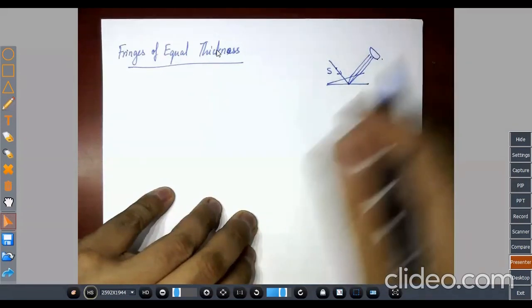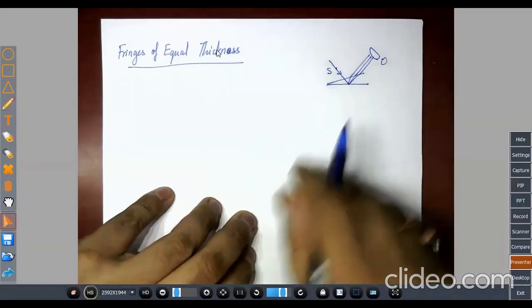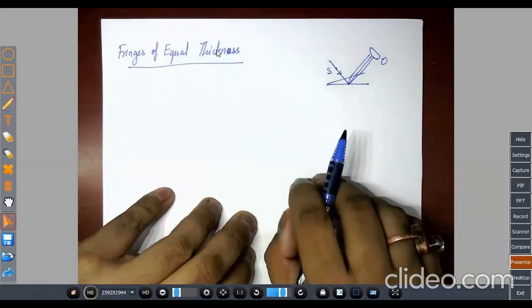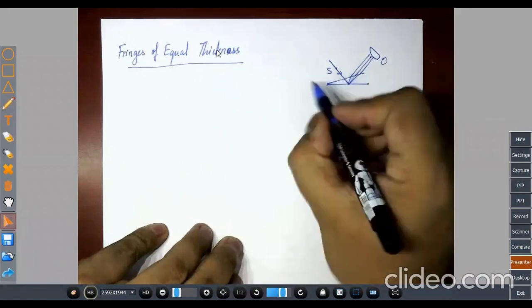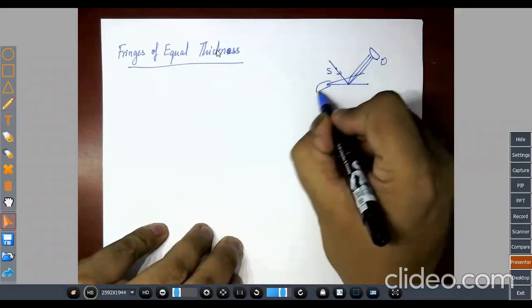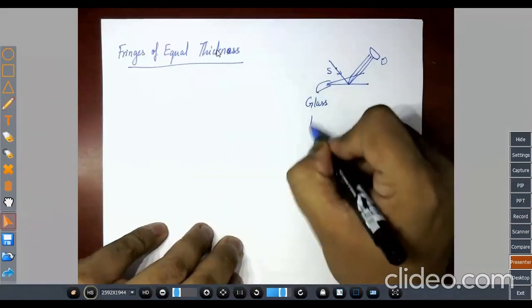And here is the observer. So these are the glass plates.